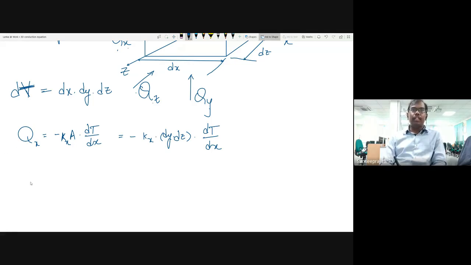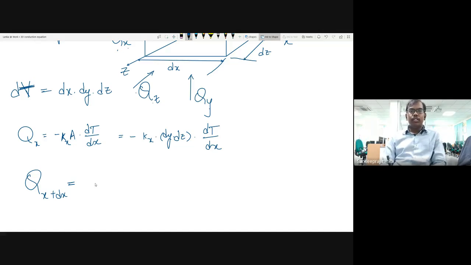And now I want to get Qx plus dx. How do I get Qx plus dx? How to account for the infinitesimally small change that is going to happen in any control volume? Somebody please tell me how to account for the infinitesimally small change that is happening in a control volume.